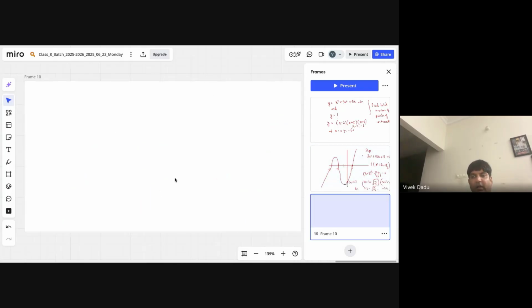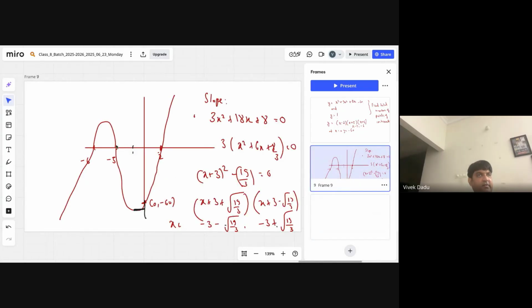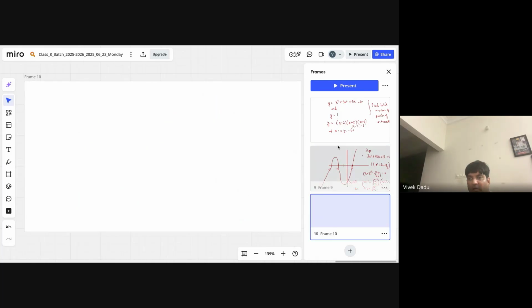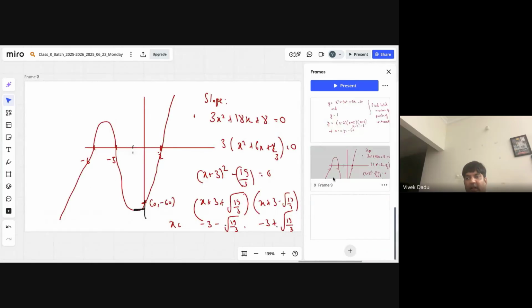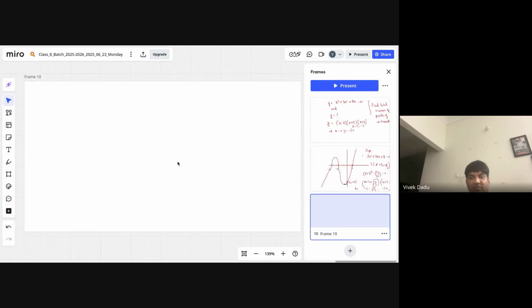Got it? Now let's come to this. We will employ the same technique which we did earlier, that is, we will use the factorization method. What was the factorization?